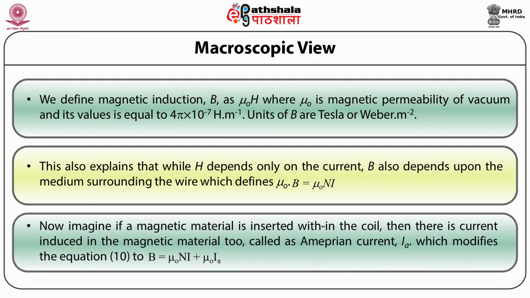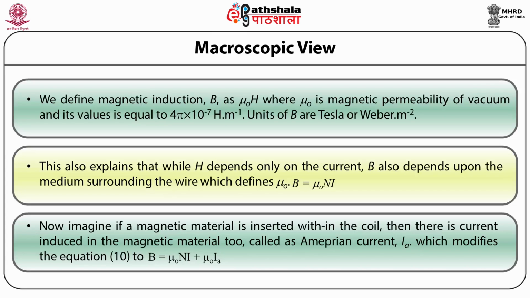Now imagine if a magnetic material is inserted within the coil, then there is a current which is induced in the magnetic material too, which is called the Amperian current, represented by Ia. Thus, if we modify the above equation, B is equal to mu naught Ni plus mu naught Ia.